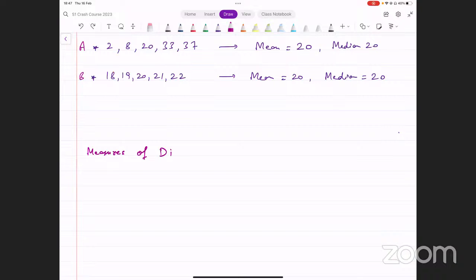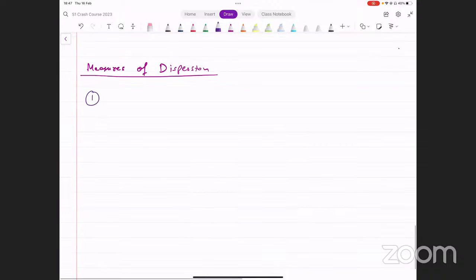What they do is they tell you about the variation in the data. They tell you how dispersed the data points are. All right. Now, there are 4 of them which you need to know about. First of all, you have range. Then you have interquartile range.